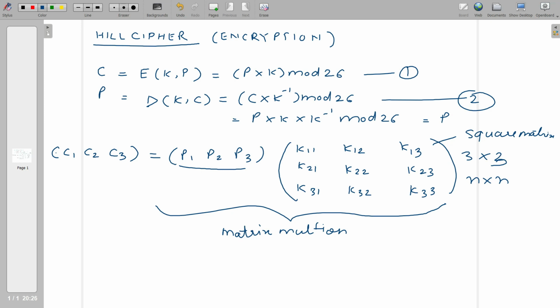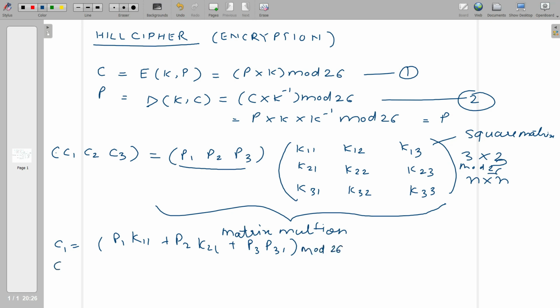When we talk about matrix multiplication, how do we do it? C1 is obtained by multiplying this row with this column and taking the sum. So it will be P1 K11 plus P2 K21 plus P3 K31. Just remember that all these operations are mod 26, so we write mod 26 here.